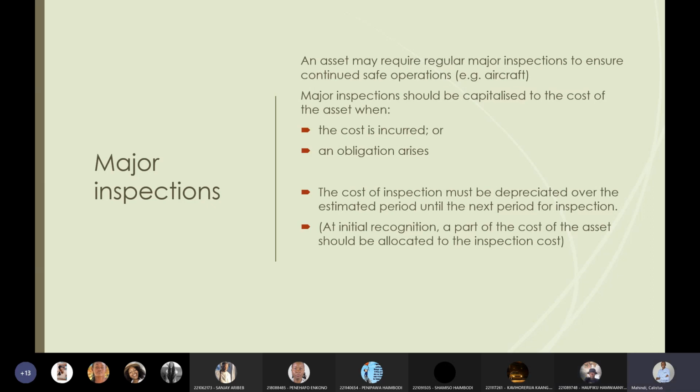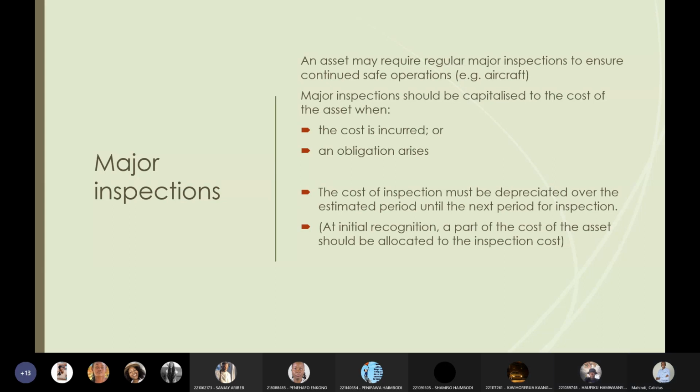So it might be that if you're given a cost separately of what the inspection was, then you would depreciate that until the next period of the inspection. Otherwise, if it's not given separately, the same approach that was used for components would be used for inspection. So you depreciate the whole aircraft, and at the time when you do an inspection, at that point in time, then you'll capitalize the new cost of the asset.